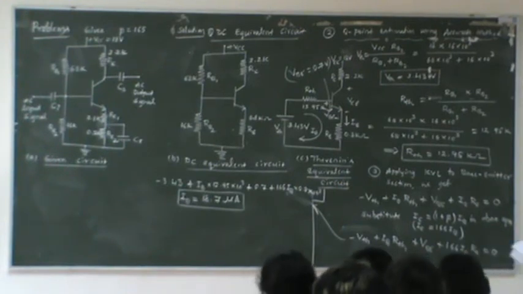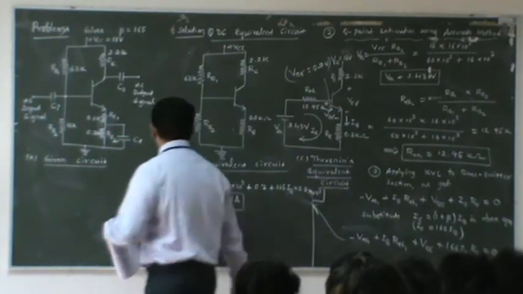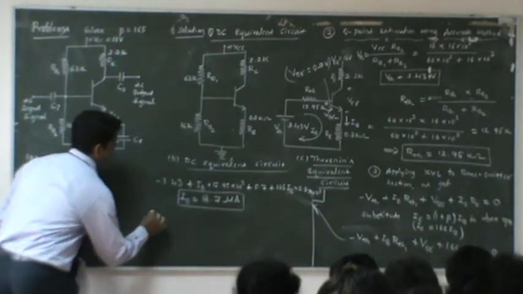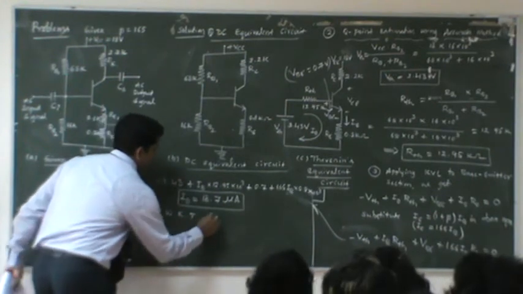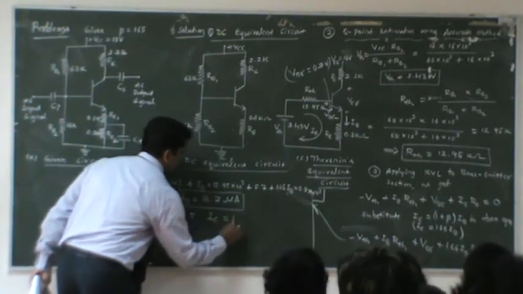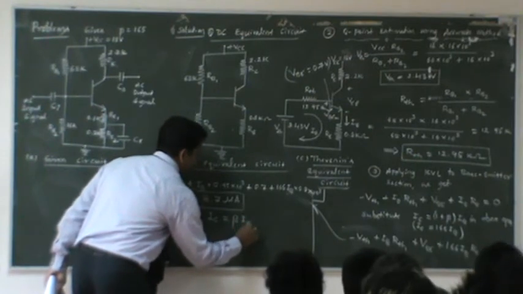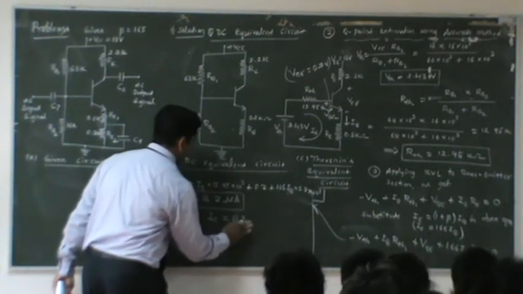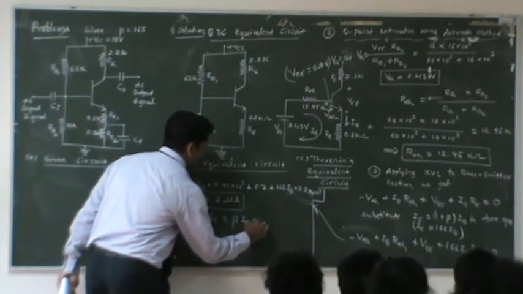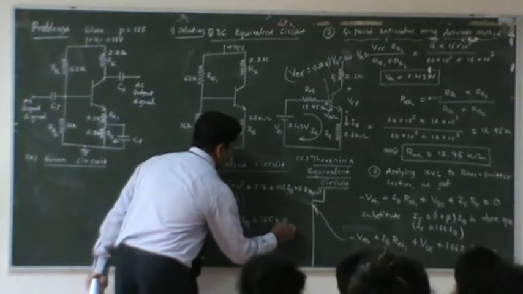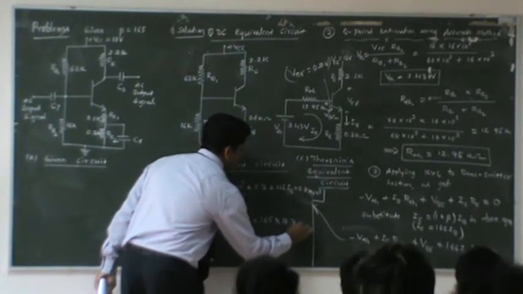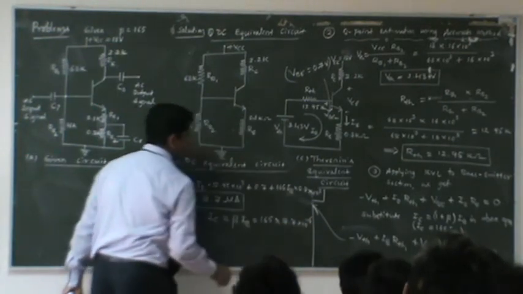Going with this IB, what is next? Find out IC. IC is equal to beta times IB. We know that IC is equal to beta times IB. Beta is 165 times IB is 18.7 into 10 power minus 6.